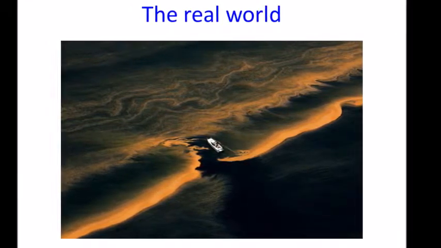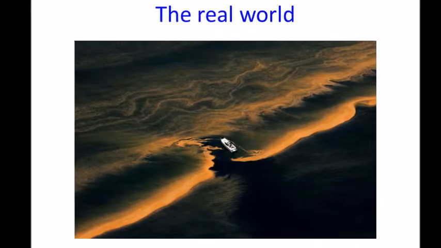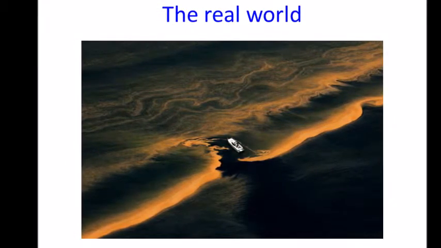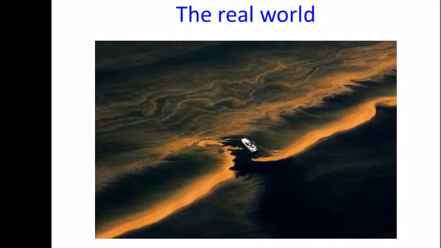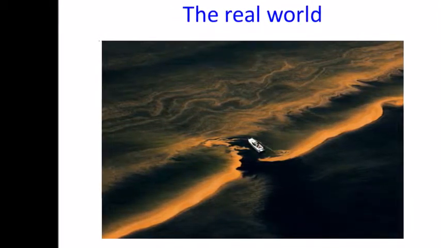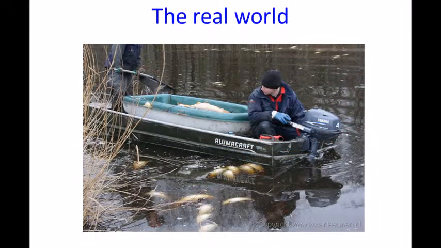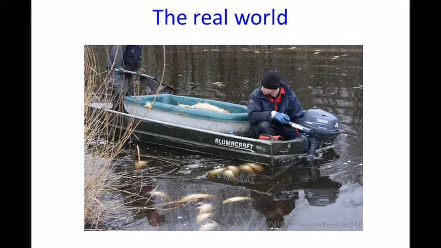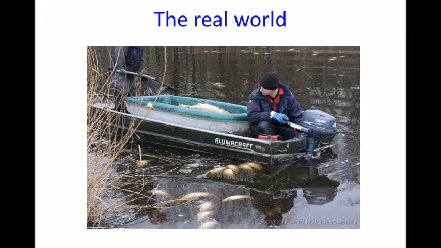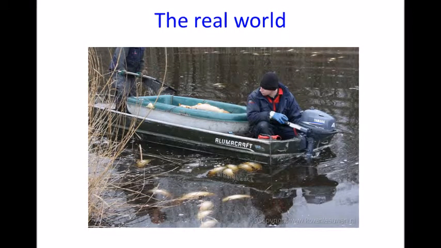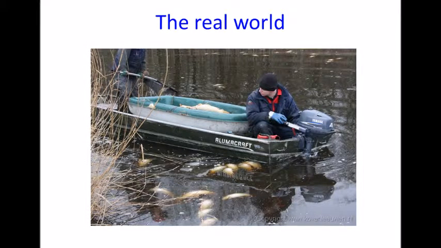I love the picture, but of course these people in their small boat, with the vast scale of everything happening, are completely without a chance of making any sort of difference. Still, good that they're there. This is taken somewhere in the Netherlands, on a much smaller scale, some fish. But still, we have this ecotoxicological test, and we have these real-life things that we try to understand.